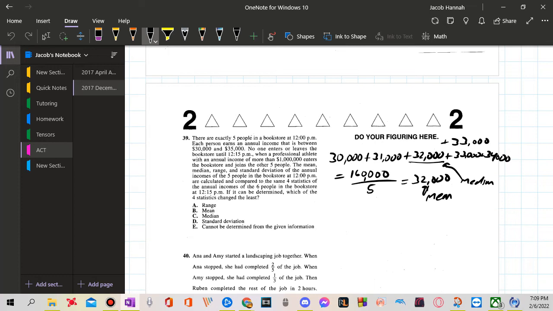So in this case it would be 34,000 minus 30,000. So your range would be 4,000. The range just tells you the difference between your biggest number and your smallest number.